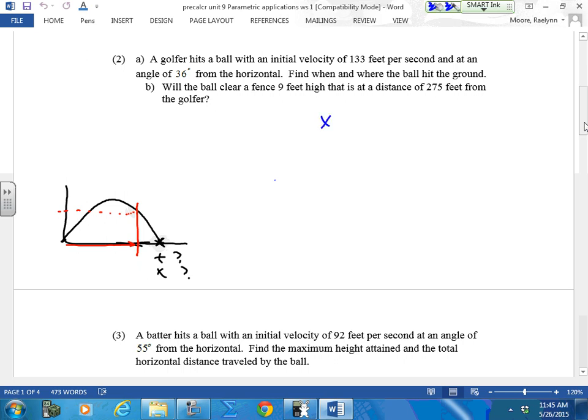What do you think the first one is? 133 cos 36 T, good. Good. Okay. Do we have any other movement? Left or right, any wind speed? No. And your Y?